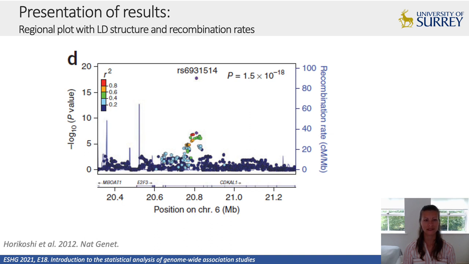And we see that there is some high correlation between this SNP and other SNPs in the region, so we cannot be sure which one is actually the causal variant in this region. So some follow-up analysis is needed to find the causal variant from this region.